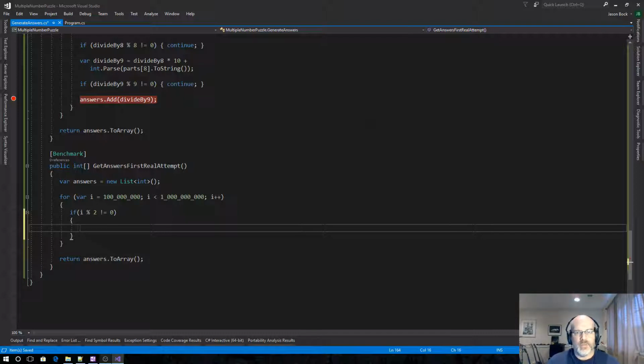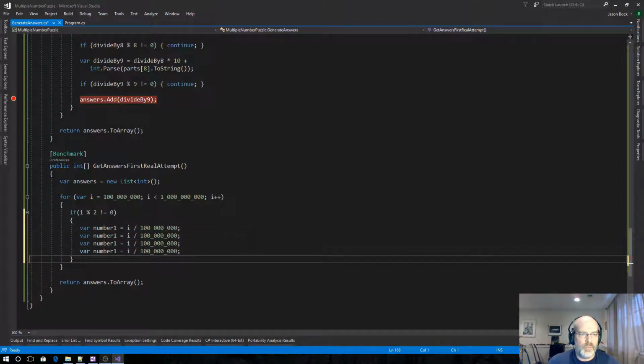Now the next thing I need to do is get all 9 numbers out of this. So we're going to say number 1 is equal to i divided by 1,000,000. And I think that chops it hard. I'm not sure about that. 3, 4, 5, 6, 7, 8, 9.